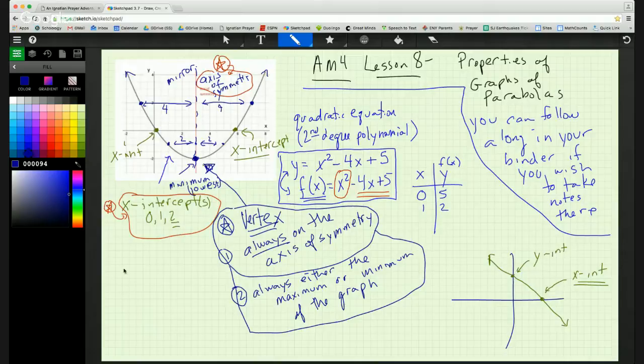Okay. Point number 3 about the vertex. And this has to do with intervals. We're going to talk a little bit about increasing and decreasing intervals on this graph. So let me just write this down. Let's just look over here at this linear equation.